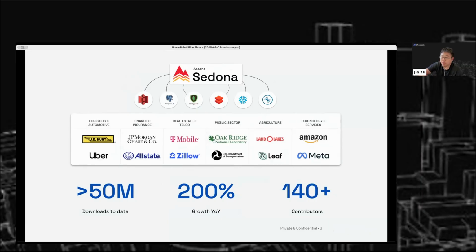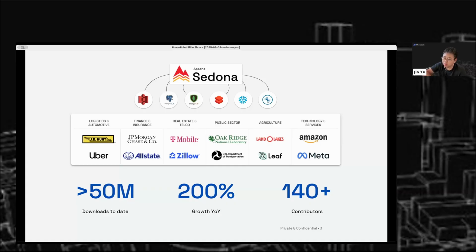Sedona is a project we started about 10 years ago. So far, Sedona is being used by many companies in production across different industry sectors. As you can see here, our Sedona users and contributors come from different areas, including logistics such as GB Hunt, and telecom companies like T-Mobile, Zillow, and so on and so forth.